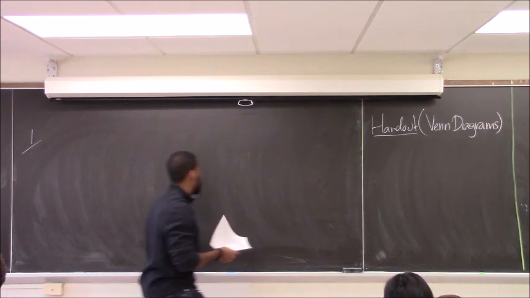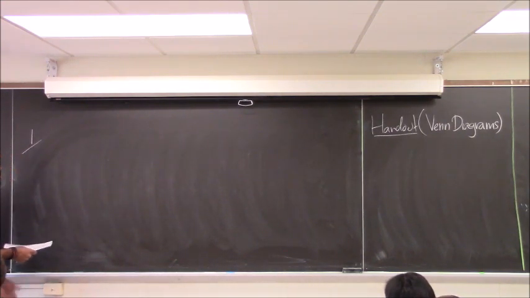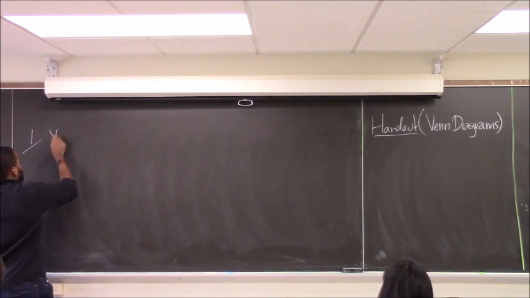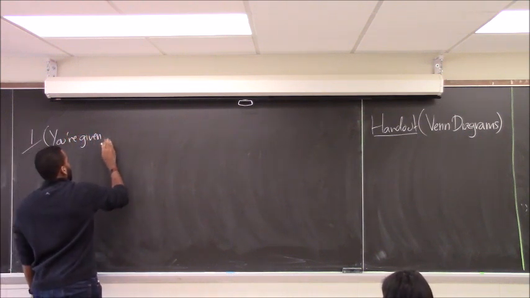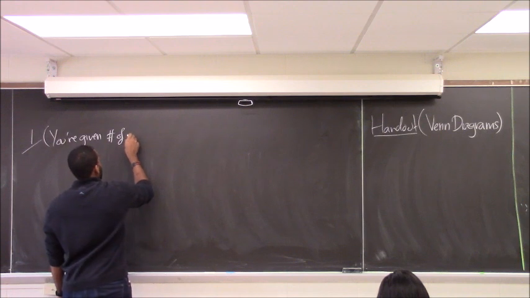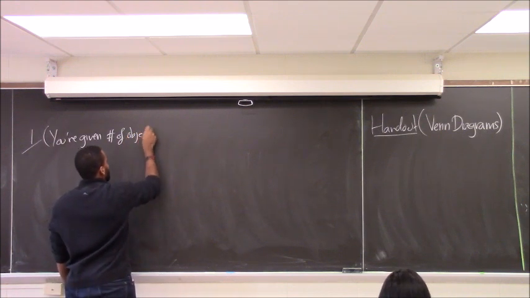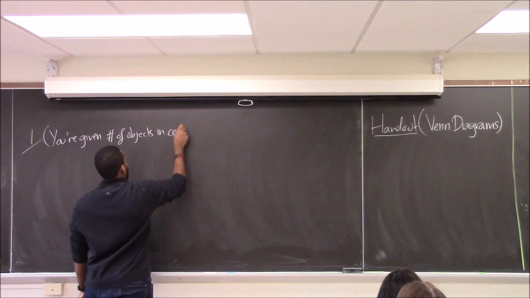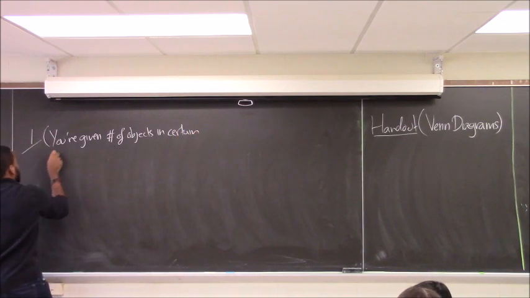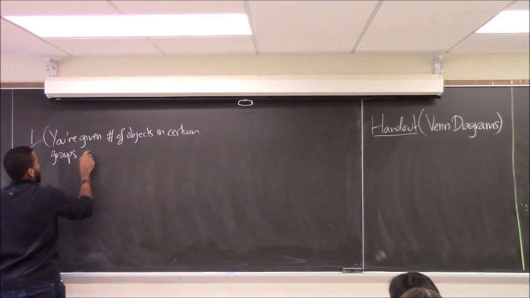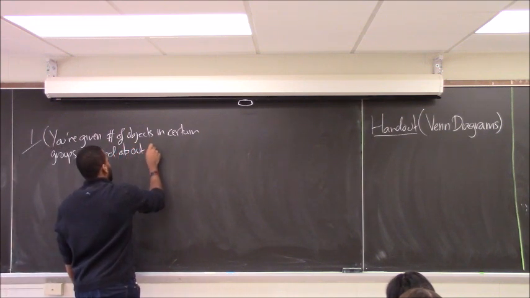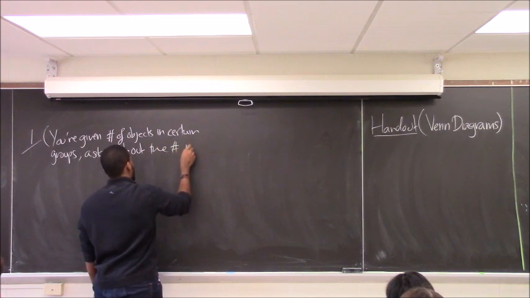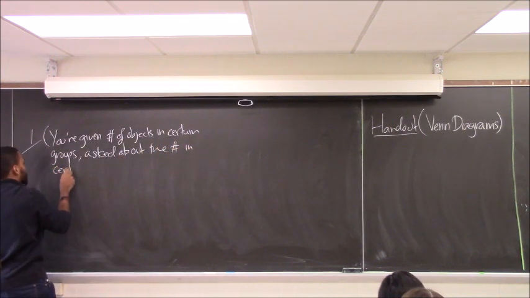This is actually something you can solve with Venn diagrams. And this is typical whenever you're given a number of people or objects more generally in certain groups and asked about the number in certain other groups.